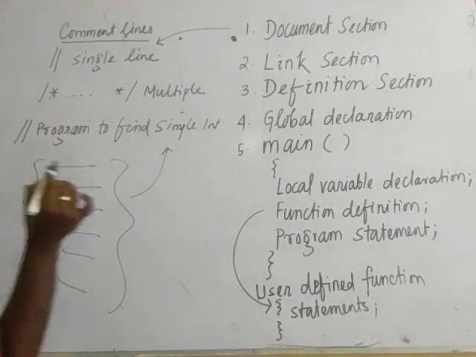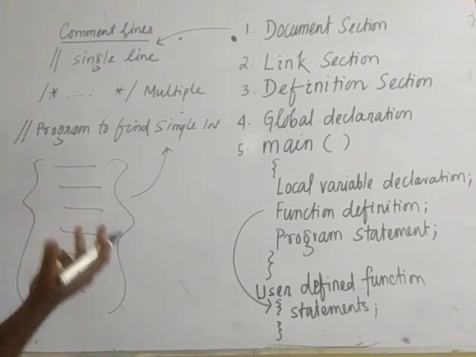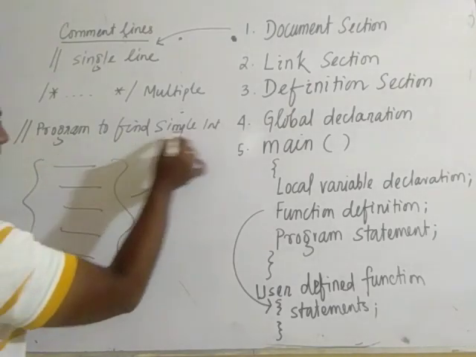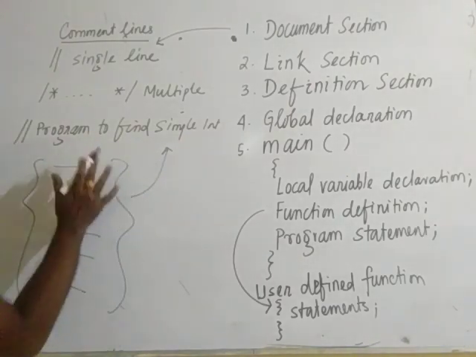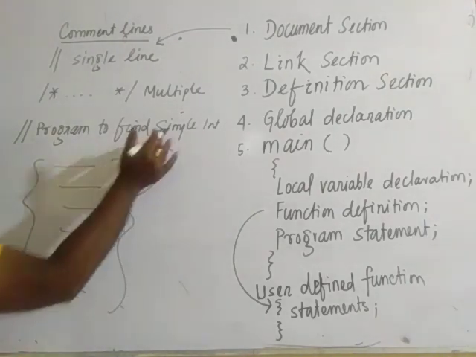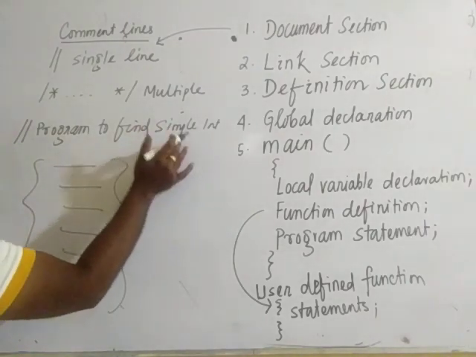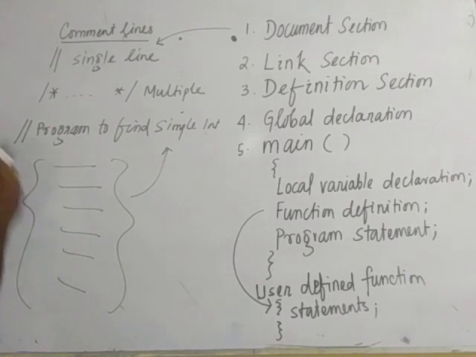So when a user opens the program and sees the comment, he simply knows that this program is all about writing the code to find the simple interest. His goal is clear, that this program is created for this purpose. So this is the document section.